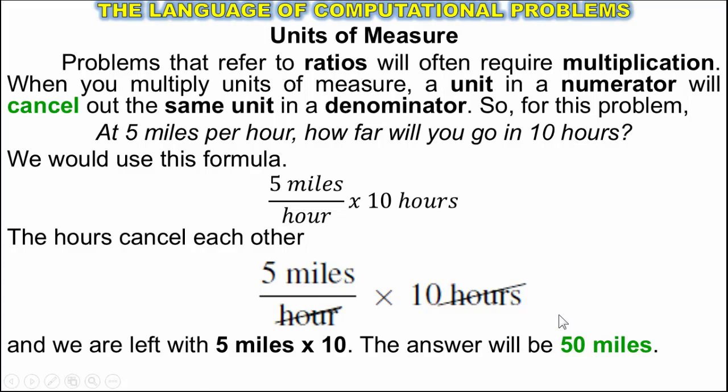We use this formula, 5 miles all over hour, multiplied by 10 hours. The hours cancel each other. Therefore, we are left with 5 miles multiplied by 10, and the product answer will be 50 miles.